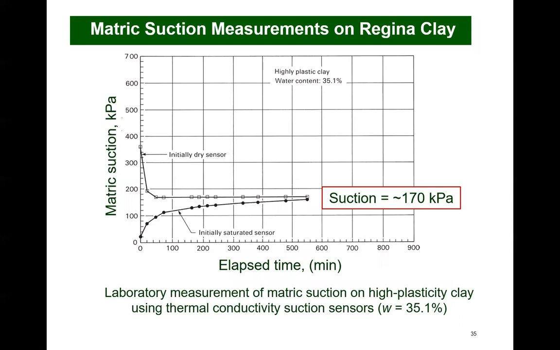This means that one of the thermal conductivity sensors needed to take on water as it came to equilibrium with the water in the surrounding soil. The other sensor needed to give up water as it came to equilibrium with the water in the surrounding soil. After a couple of hours, both sensors registered a matrix suction value of approximately 170 kilopascals.